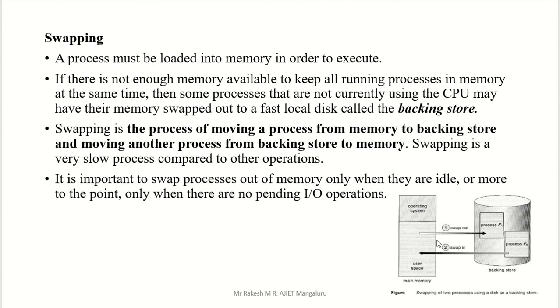If you are loading many programs, a lot of processes inside your main memory, that will decrease the processing speed and performance also. The memory is full, right? If there is some space in memory, the execution speed is also high. For that purpose we are using swapping.